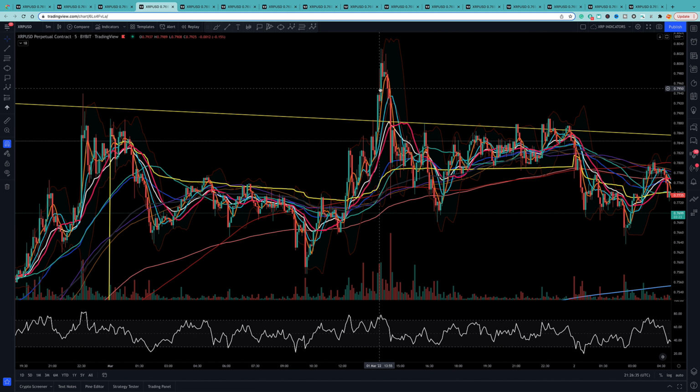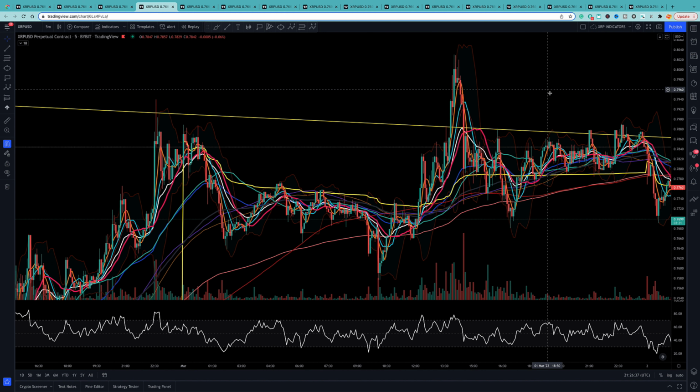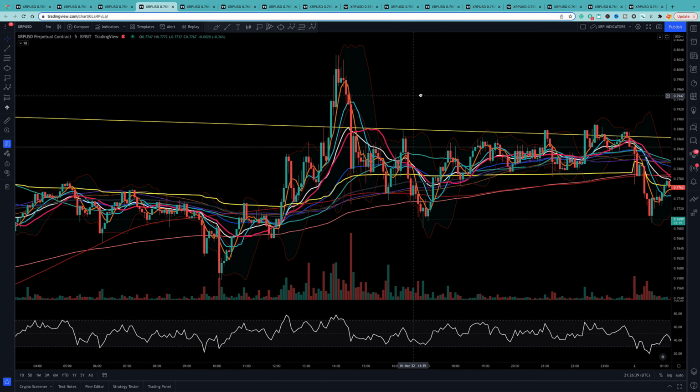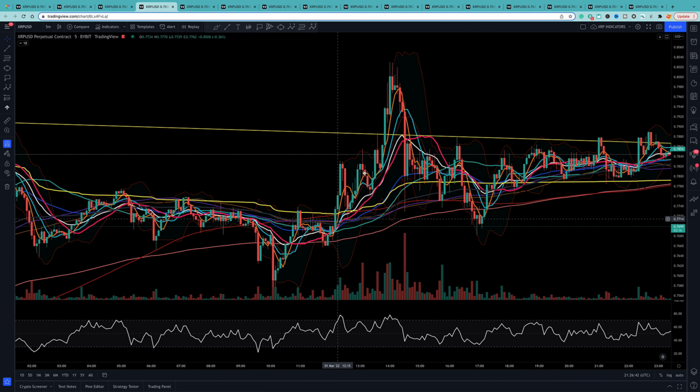It's not necessarily a breakout because you see the 5 racing up here, and this is on the 5 minute. So when this is racing up like this, the other MAs and the other timeframes don't have the time to respond to it. So you get these really fast spikes and pumps.